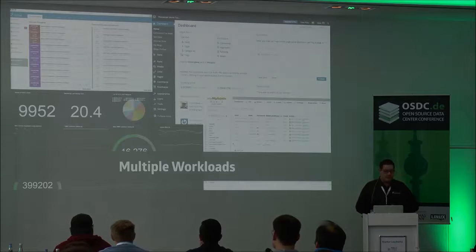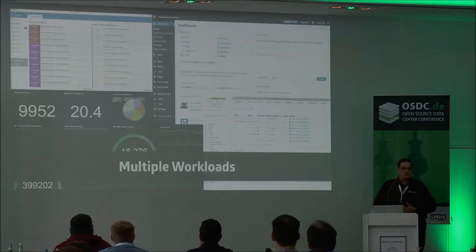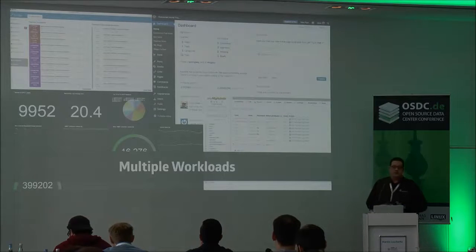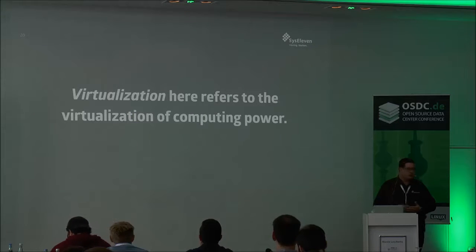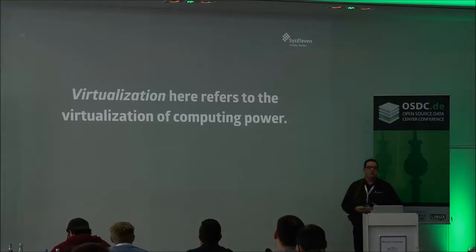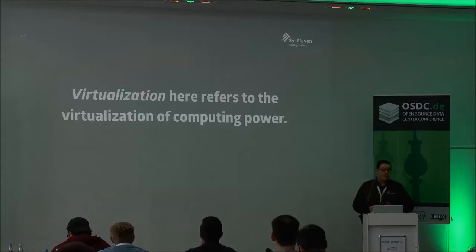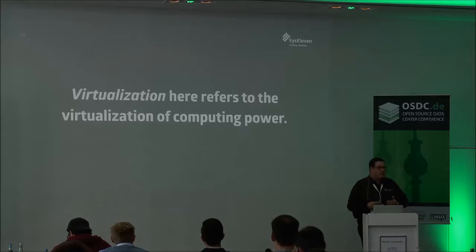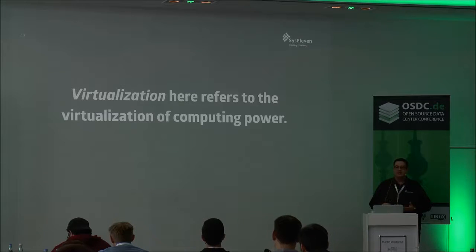And I've been using the word virtualization a lot in the last few minutes. The important thing to understand is that virtualization, in the sense that I have used the word, really refers to the virtualization of computing power. So we are really talking about one individual factor of virtualization, and that is virtualizing computing power.